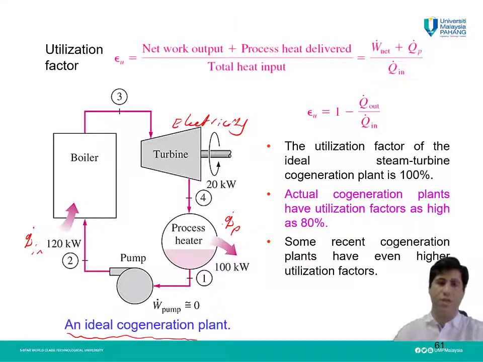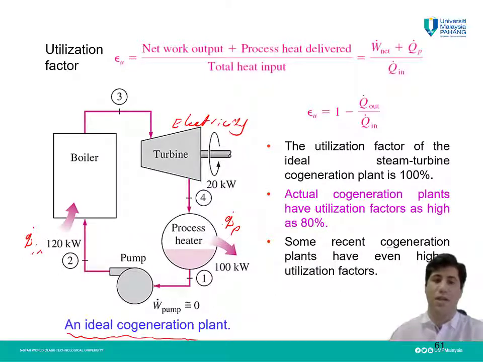So according to this configuration, we can define a parameter which we call the utilization factor. It means how much of the energy which is given to this cycle is converted to a useful application, for example, electricity or process heat. So E dot U, or utilization factor, can be defined like this: network output, which we have electricity here, for example, and process heat delivered, Q dot P, divided by the energy which is given to this cycle, which is total heat input, or Q dot in.